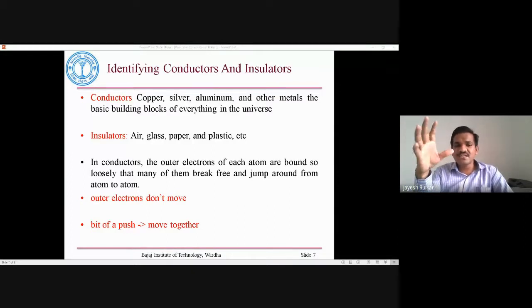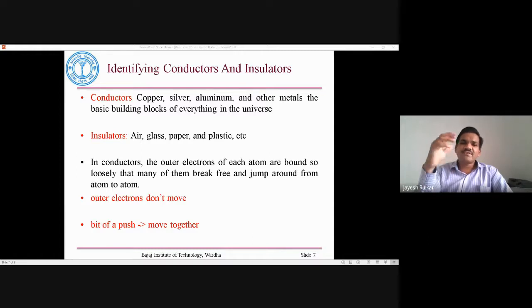So what happens in this case? These materials have loosely bound outer electrons, and that is called an electrical conductor, or simply a conductor.